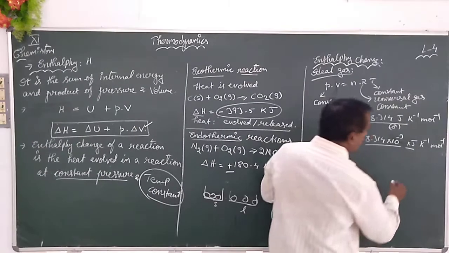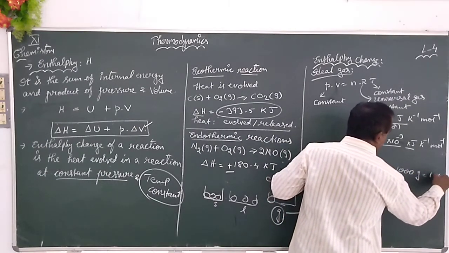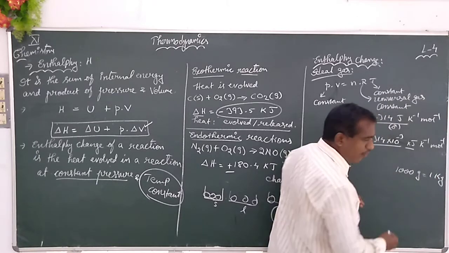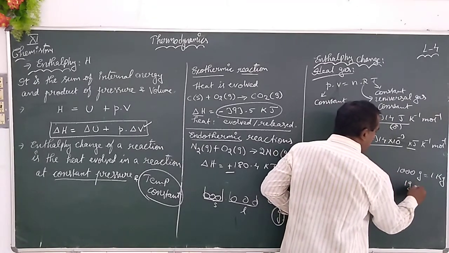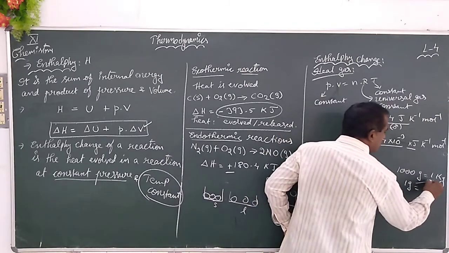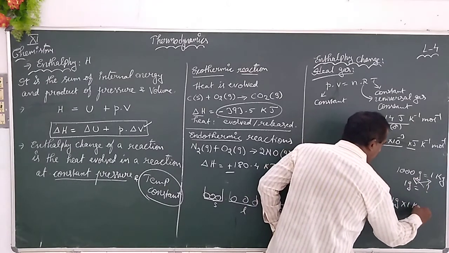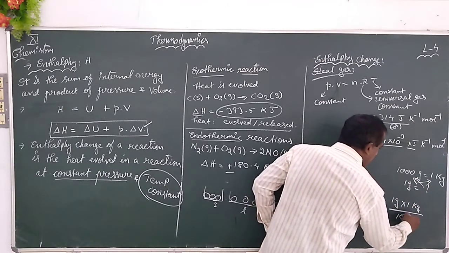Why? Some children had questioned this. We know 1000 grams is equal to 1 kilogram. Yes or no? Then 1 gram is equal to how many kilograms, children? Crisscross: 1 gram into 1 kilogram upon 1000 grams.